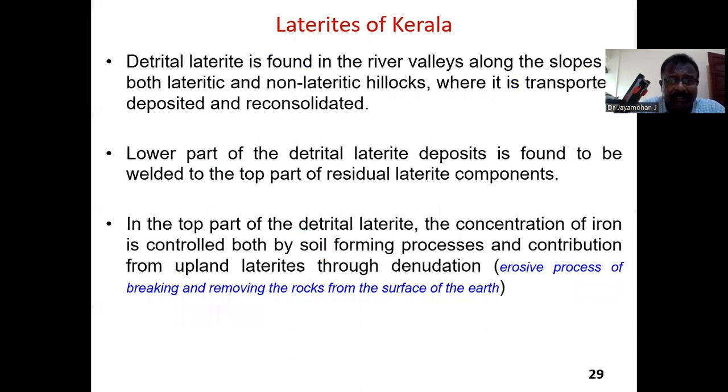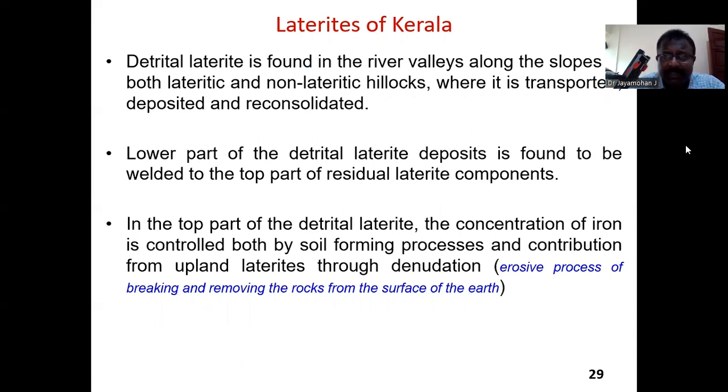Now, transported laterite, also known as detrital laterite, is found along the river valleys and along the slopes where it has been transported and deposited.